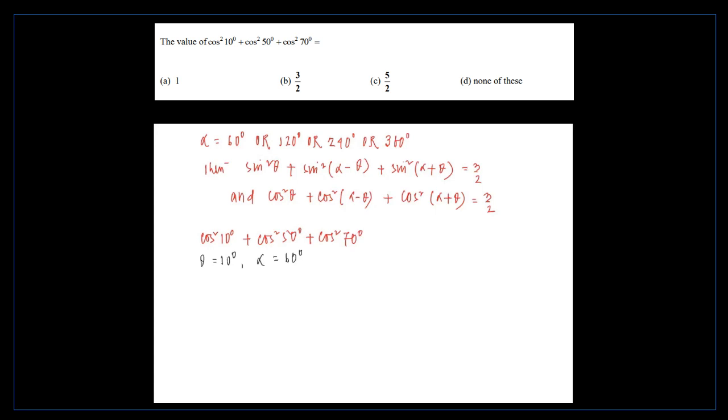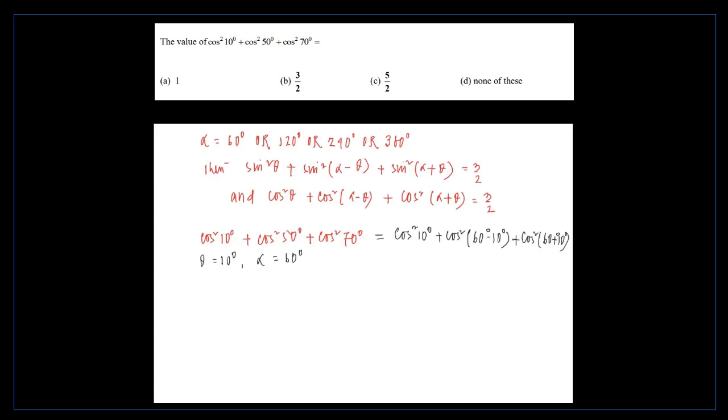And then we can express this one as cos square 10 degree plus cos square of 60 minus 10 degree plus cos square of 60 plus 10. So straight away you can write that this result will be equal to 3 by 2. Why?